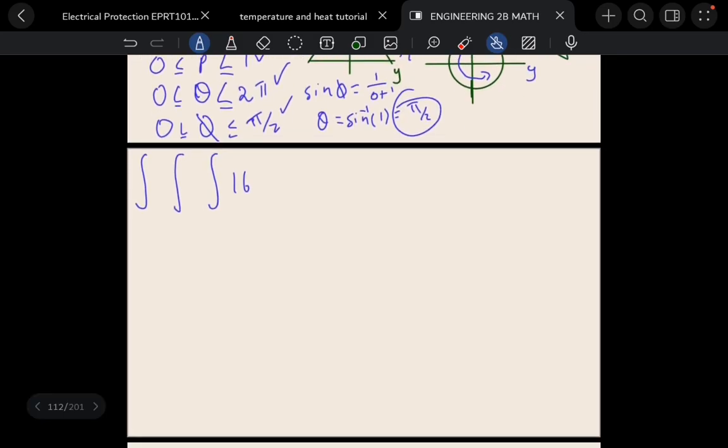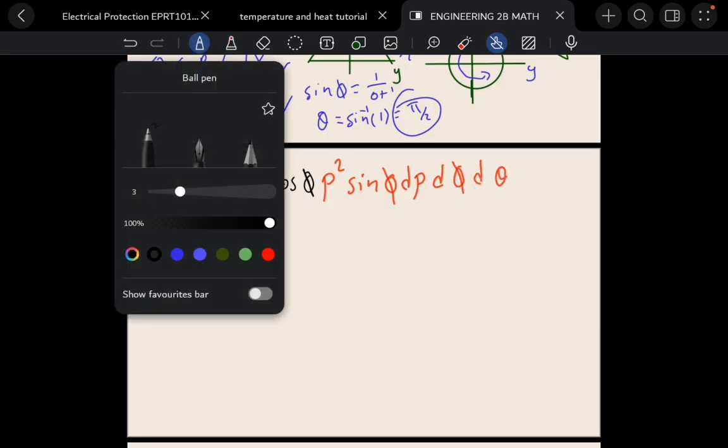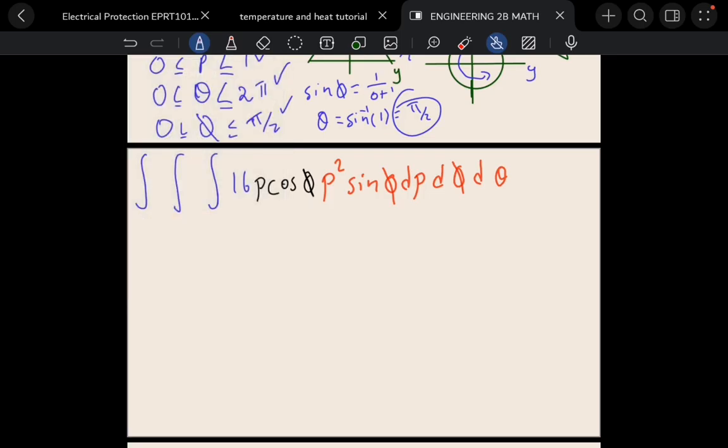And then the Jacobian is rho squared sine phi d rho d phi d theta, like that. Right? I actually think that everyone followed correctly.